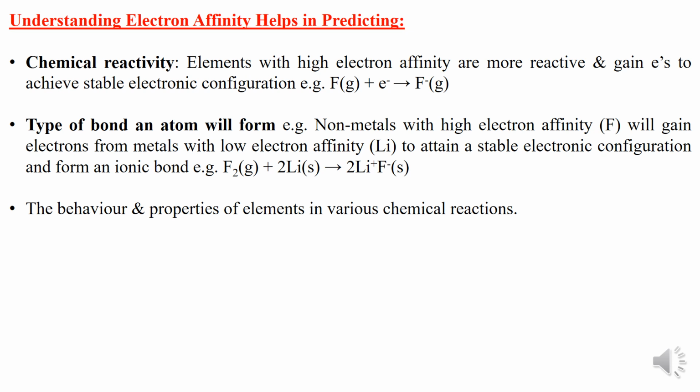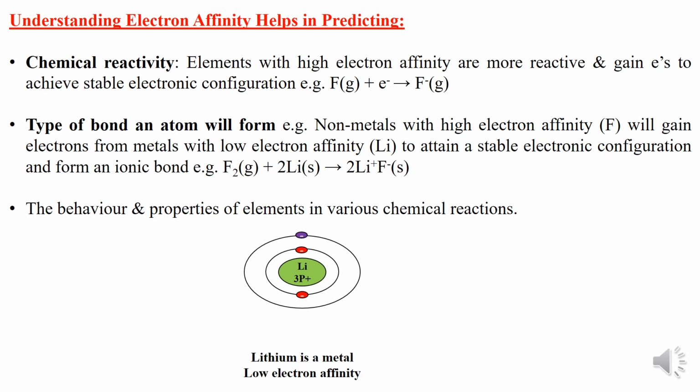Now I can summarize all these 3 points with the help of a single reaction. So lithium atom, it has one valence electron in its second shell. It is a metal with low electron affinity. Fluorine, it has 7 valence electrons in the outermost shell, second shell, and it needs 1 electron to attain the stable electronic configuration.